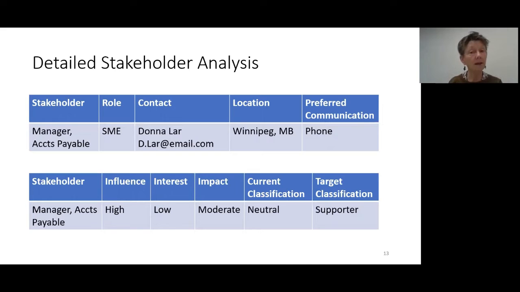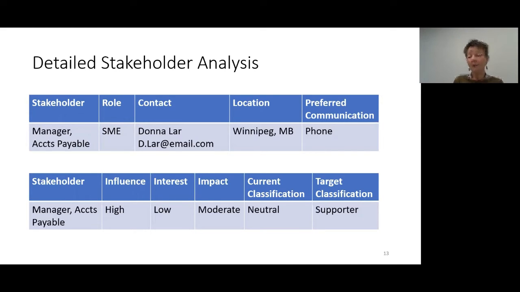This is the more detailed analysis piece where, for this initiative, I've decided I want to understand their level of influence, their level of interest, and, from my perspective, how I'm going to impact them. Based on that rating of influence, interest and impact, I'm going to classify them: where they are right now, their current state, and then where I need them to be.